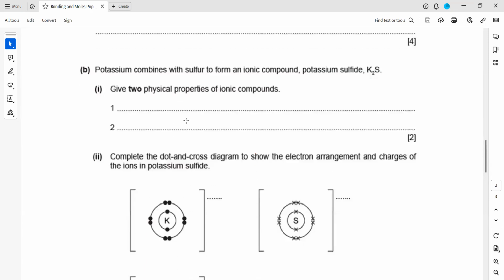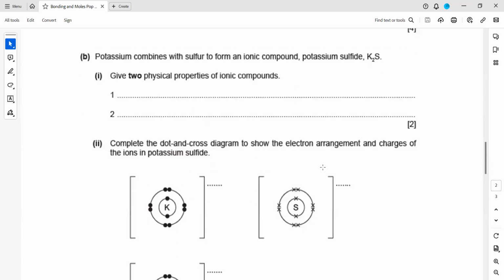Next, in question 2, potassium combines with sulfur to form an ionic compound, potassium sulfide. Give 2 physical properties of ionic compounds. Because of the strong electrostatic attraction between the positive and negative ions in a giant structure, they have a high melting point.